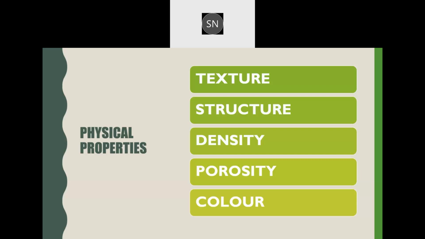After that, we check on soil structure. Soil structure means how the sand, silt, clay combine or bind together, whether it's blocky, prismatic, columnar, or in a granular form.